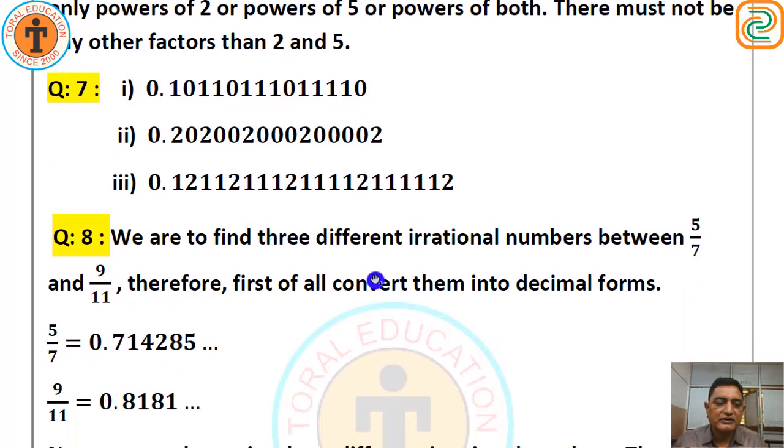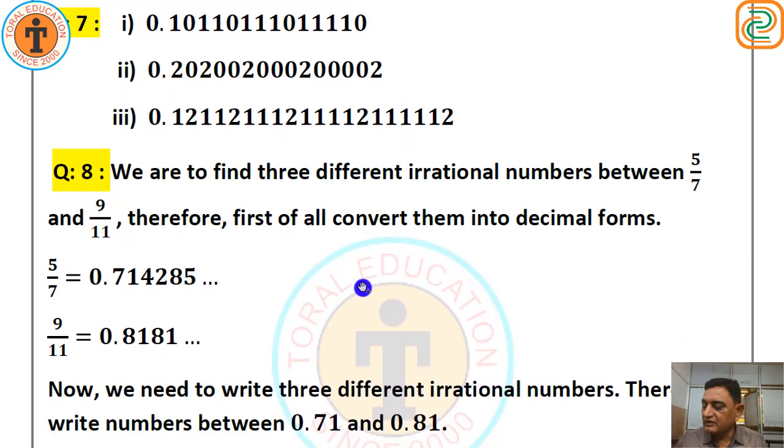Now question number 8. Find 3 different irrational numbers between the rational numbers 5 upon 7 and 9 upon 11. So friends, what do we do? First of all, we should convert them into decimals.